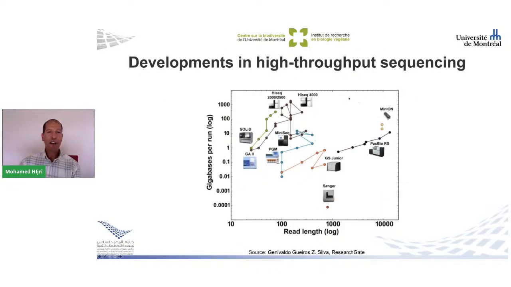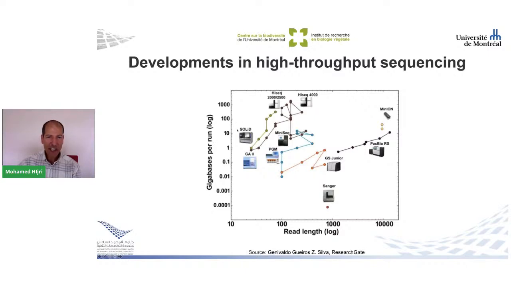So now, the developments in high-throughput sequencing. As I said on the graph, the impact on the publication number is mainly due to the advancement of high-throughput sequencing. Here is an overview of the platforms and technologies that are available. You have the read length and the amount of sequence generated per run.